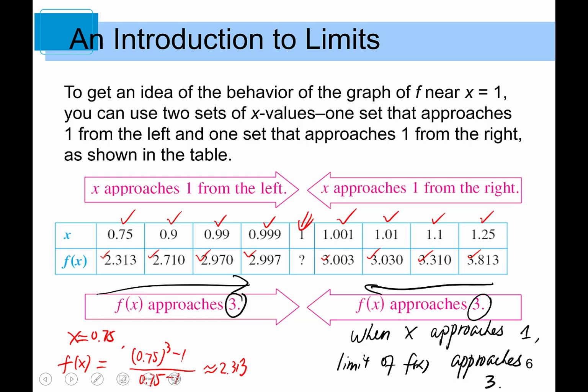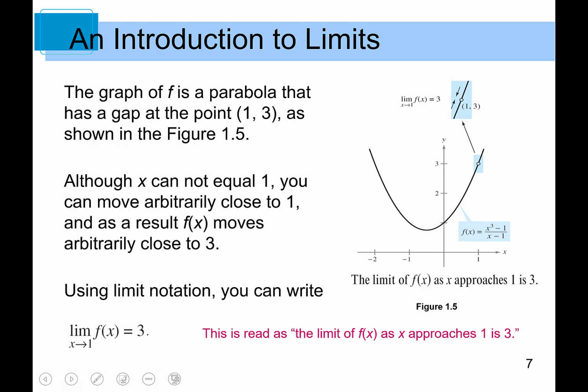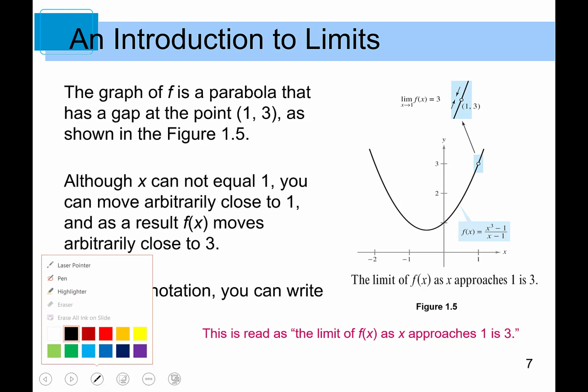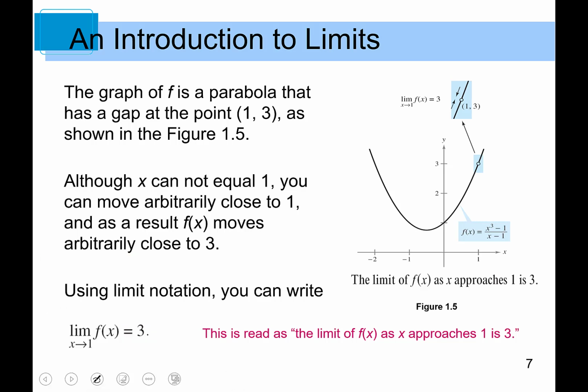This is a very good way of investigating a limit at any particular x value. This method has been used a lot. And as you can see, this is a graph of the function. It actually is a parabola, except at x equals 1.